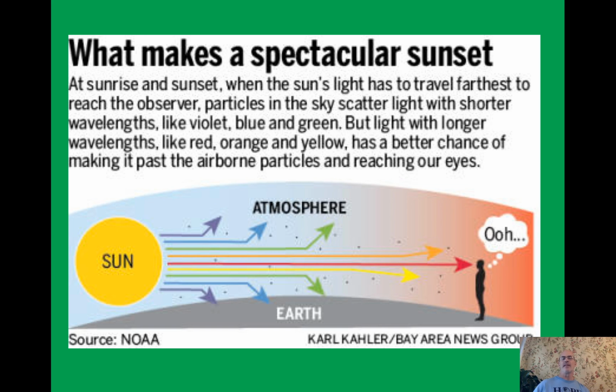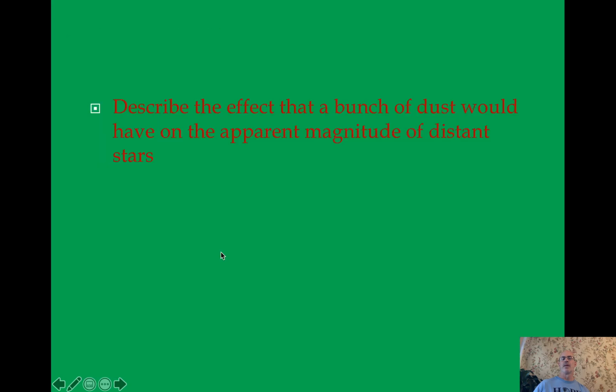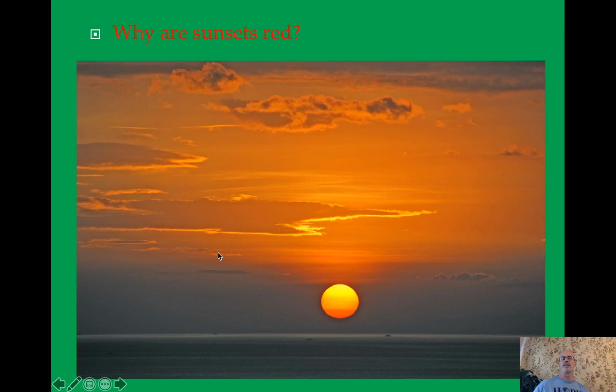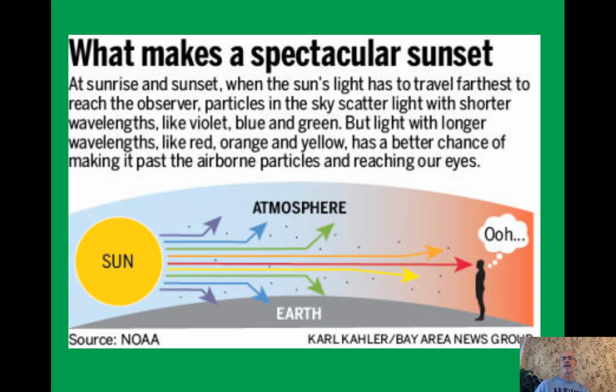The longer wavelengths, like red, pass through, whereas the shorter wavelengths get scattered. By the time the sun's light gets to us, all that's left is the red light. The rest of the light has gotten scattered.